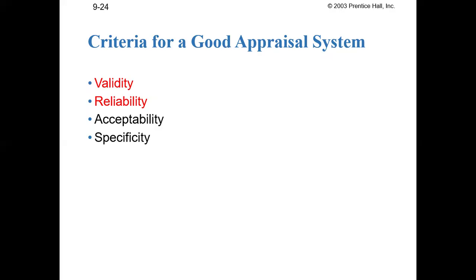Should be acceptable, or acceptability. And we're saying that if you are able to get the employees involved from the very beginning, then you will get acceptability. Simplicity or specificity is very important, to be specific in areas. There should be nothing left vague and very ambiguous. Okay, should be specific about whatever is needed.